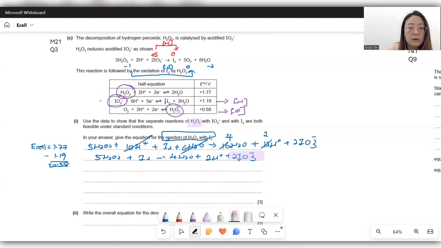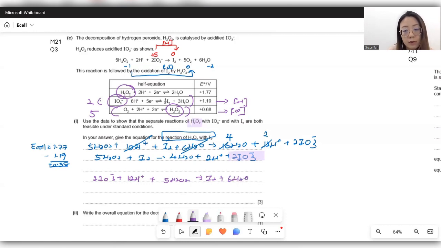Now let's construct a balanced equation. Five and two, same thing. This equation I need to times 2, this equation I need to times 5. So six H2O plus 5 oxygen plus 10 H plus, after cutting away the 10 electrons.